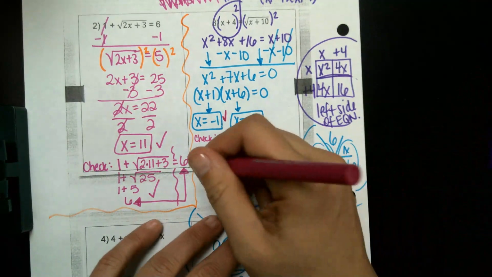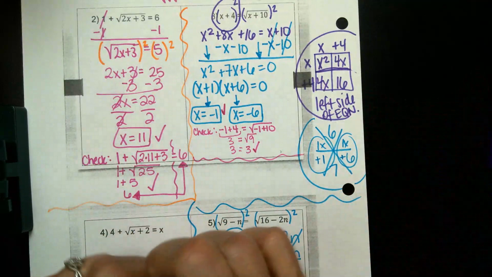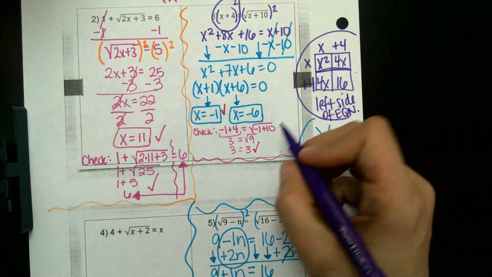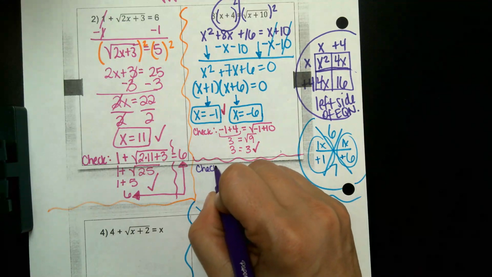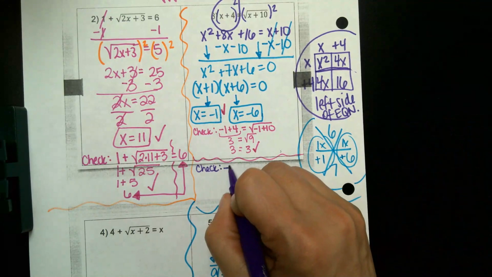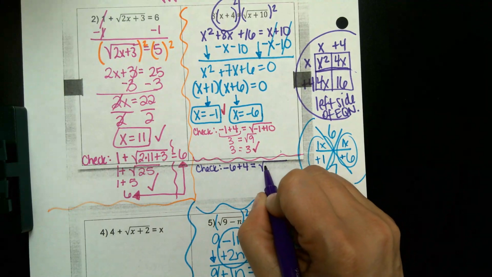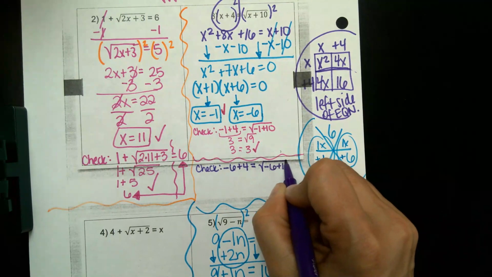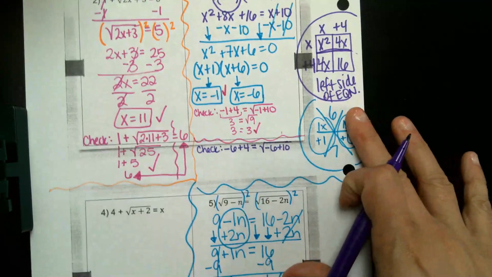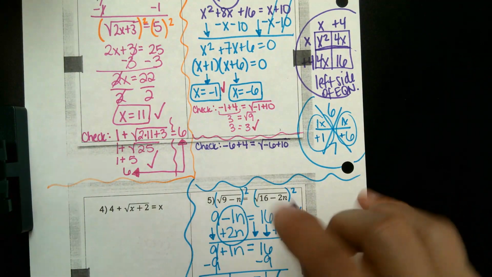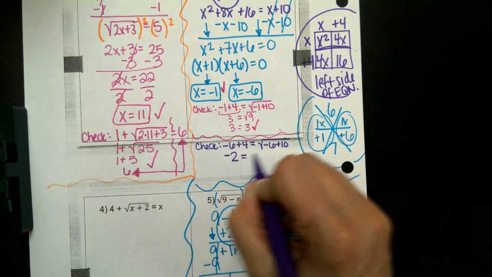So now there's a chance that, hey, that -6 might not be true. Let's see if it is or not. If I check the -6, I would have -6 plus 4 equals, and then under the radical, -6 plus 10. What's -6 plus 4? -2.